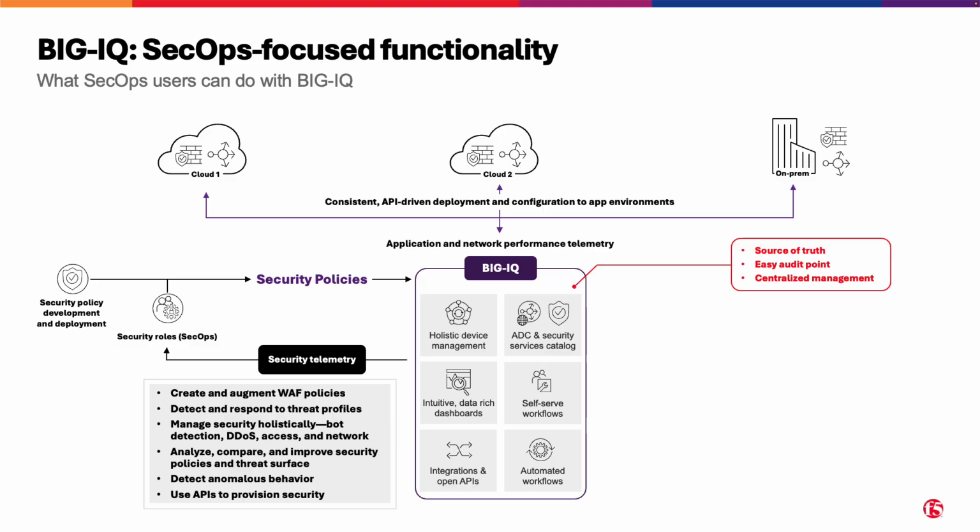From a SecOps-focused functionality, you can create and augment web application firewall policies, detect and respond to threat profiles, manage security holistically (bot detection, DDoS, access, and network), analyze, compare, and improve security policies and threat surface, detect anomalous behavior, and use APIs to provision security.